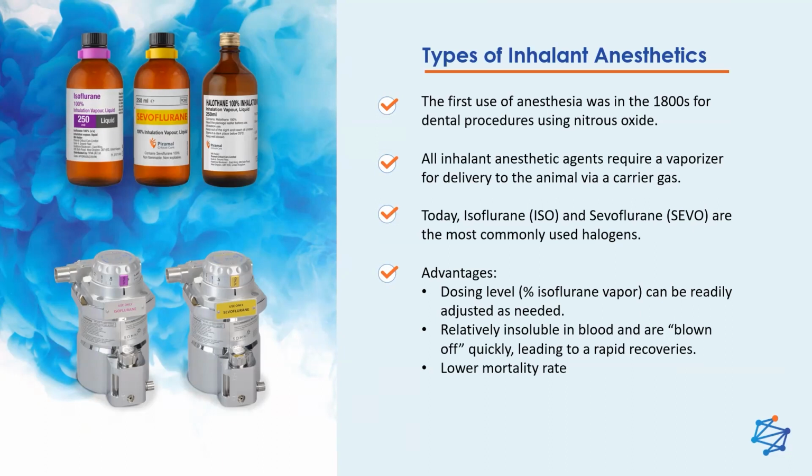For example, sevo is most commonly used in human use and becoming more popular among veterinary ER rooms due to its ability to quickly sedate the patient while providing a faster recovery time. Advantages include that the dosing level can be readily adjusted as needed, metered and monitored, and it is relatively insoluble in blood, so the subject can recover quicker. Those two things contribute to a lower mortality rate.